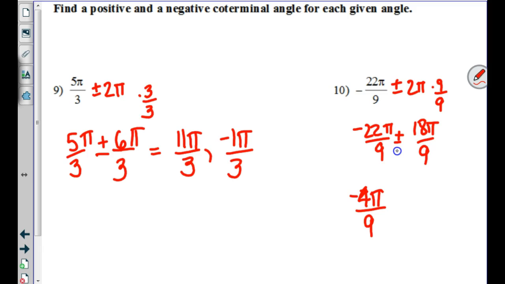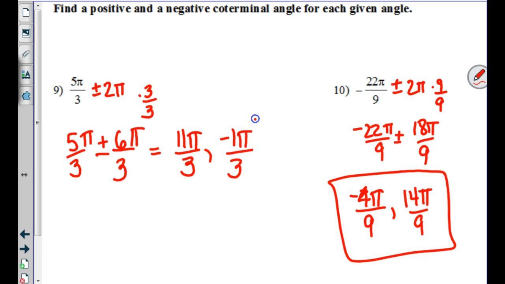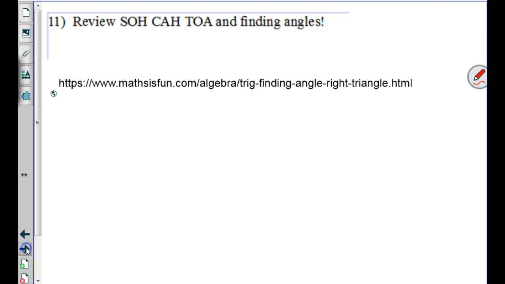So I might as well just add again to get the next one. If I add another 18 pi over 9 to my negative 4, I now have 14 pi over 9. So I got my negative and positive without ever having to actually subtract. Questions? I know some of you change them back to degrees, add and subtract 360, and then change them back to radians, but that's a lot of work.